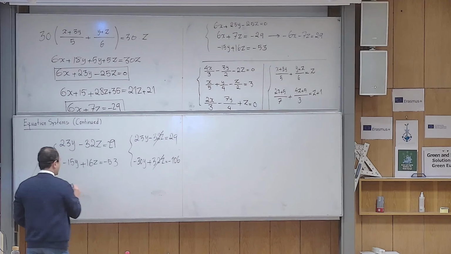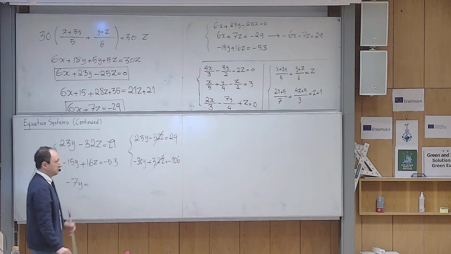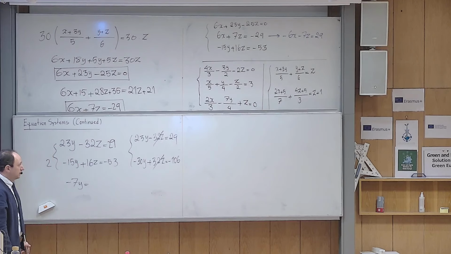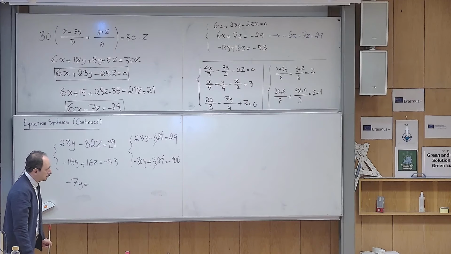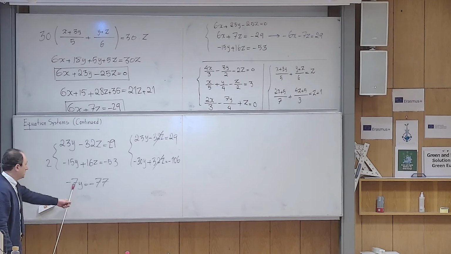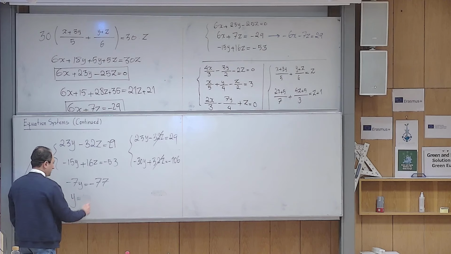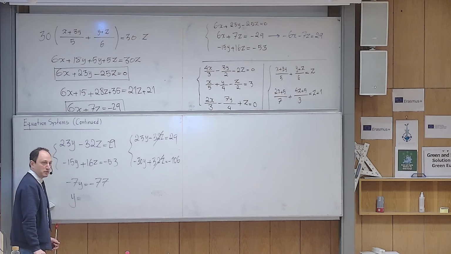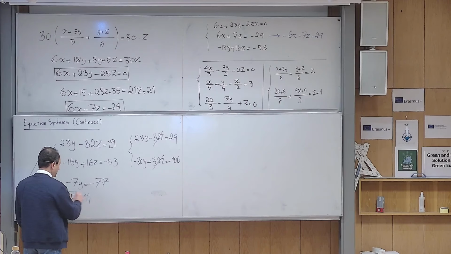So it becomes minus 7y is equal to what? This one is how much? Minus 77. And then the numbers are friendly. So minus 77 divided by minus 7 is 11.